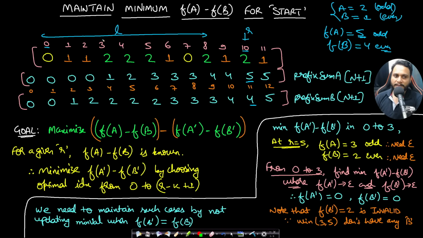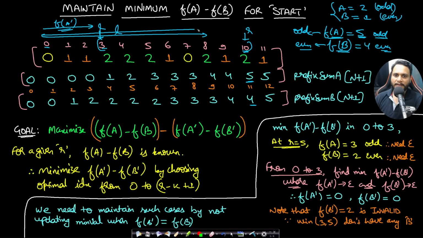Now where should I place this L? So I should place this L in such a way that the count of a, that means the frequency of a in this range from L to R, must come out to be odd, and the count of b in this range of L to R must come out to be even. So in this particular scenario, if the count of a was 5 which was already odd, and you want to subtract it with some other count of a, let's say f a dash.